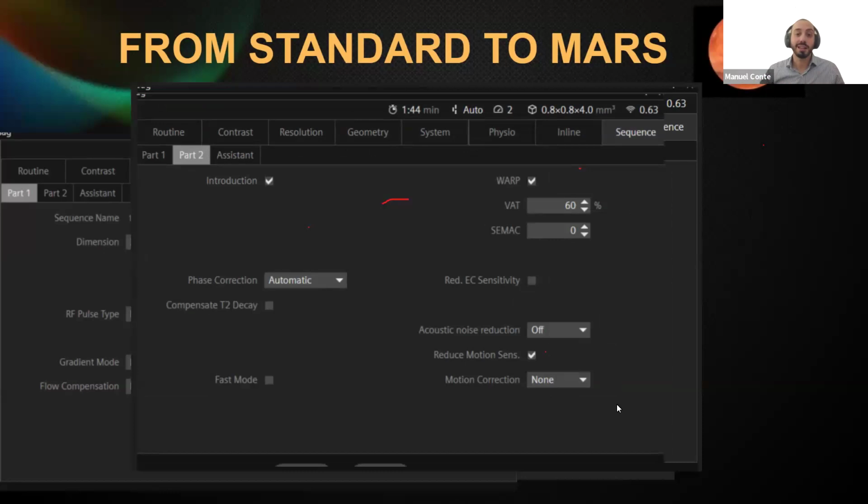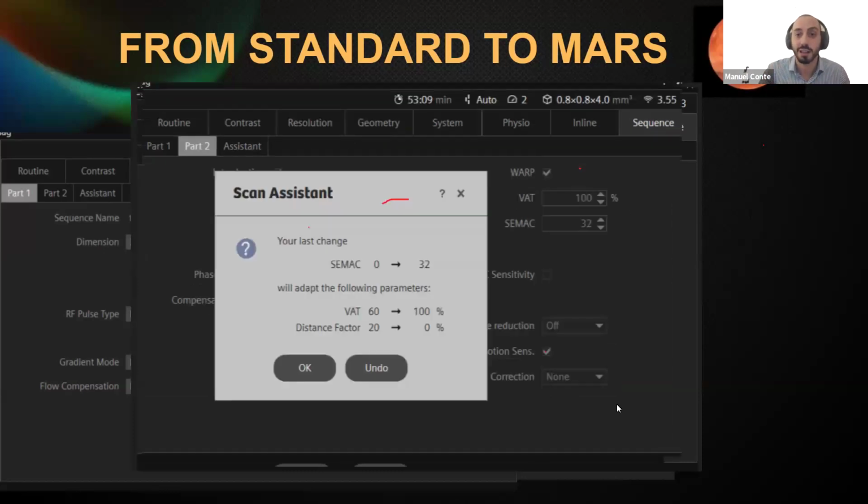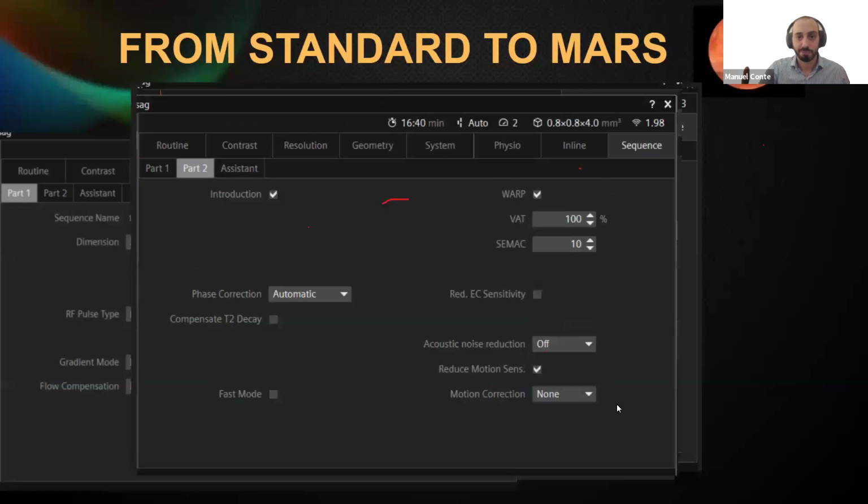In case it's ferromagnetic, I'm gonna use SEMAC, so I'm gonna increase it to 100. And just to show you, if you use SEMAC and you put 32 beans, as you can see, the acquisition time is 53 minutes. So you need to be very careful when you use this parameter. In this case, I'm using 10 SEMAC beans and without compressed sensing, so it's 16 minutes.